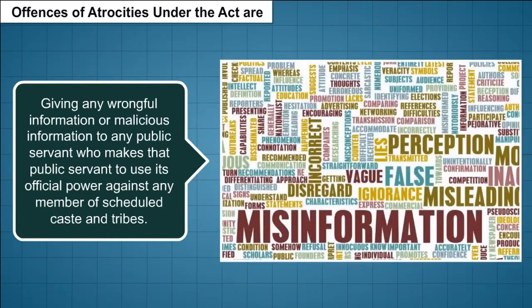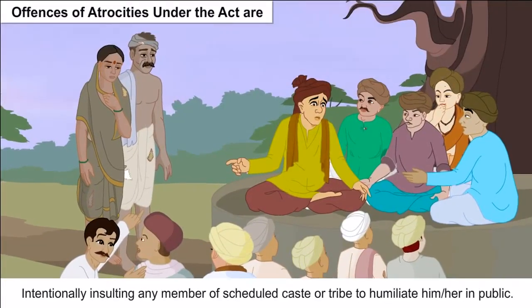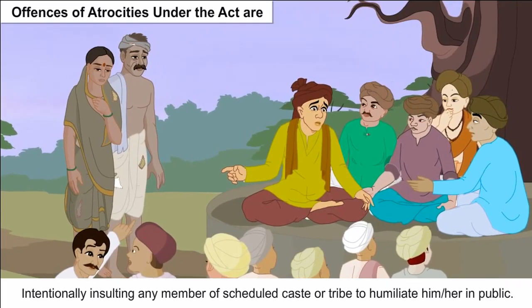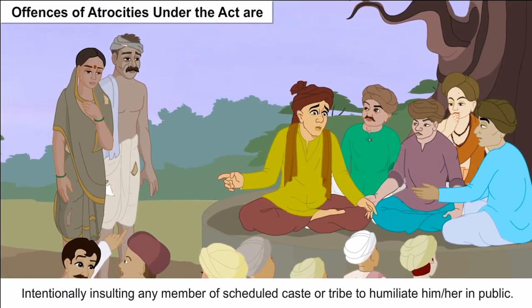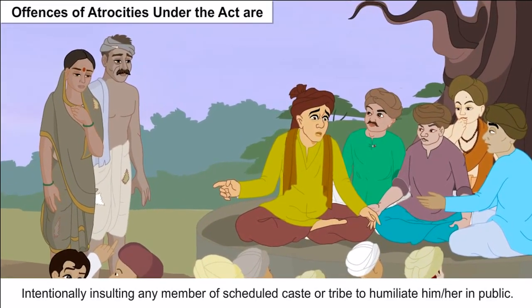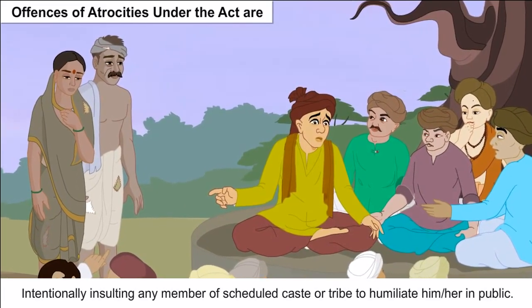Giving any wrongful or malicious information to any public servant which makes that public servant use his official power against any member of scheduled caste and tribes. Intentionally insulting any member of scheduled caste or tribe to humiliate him or her in public.